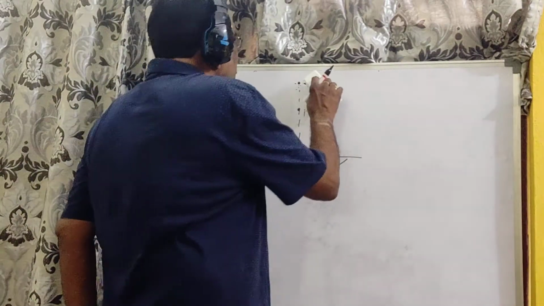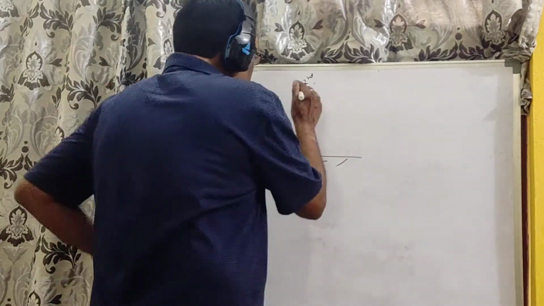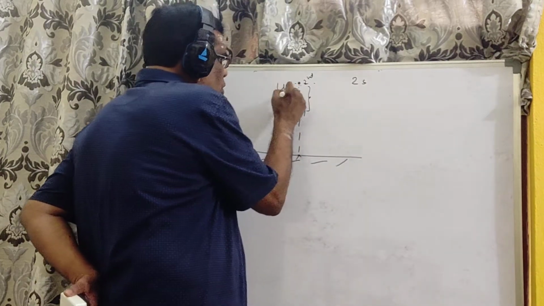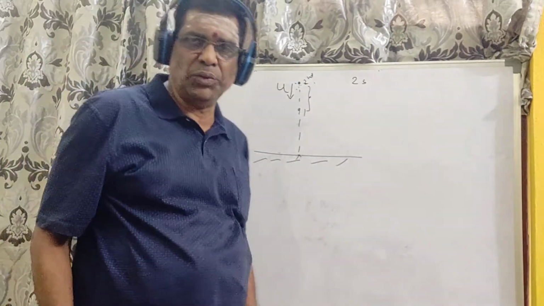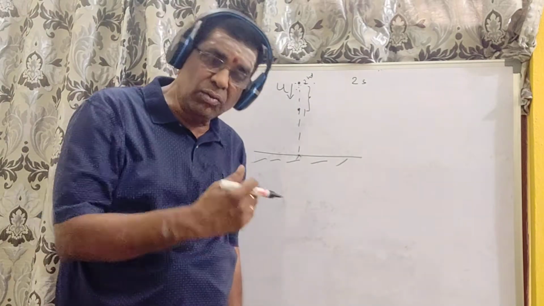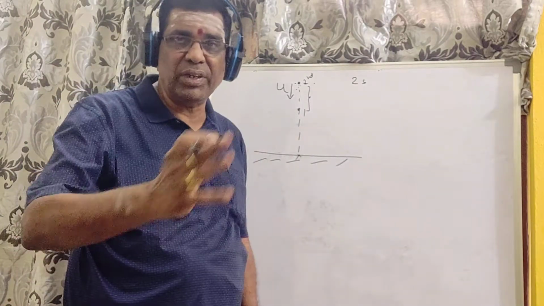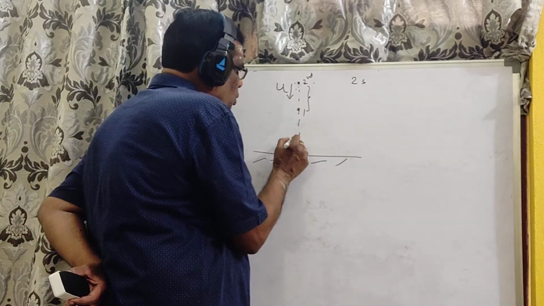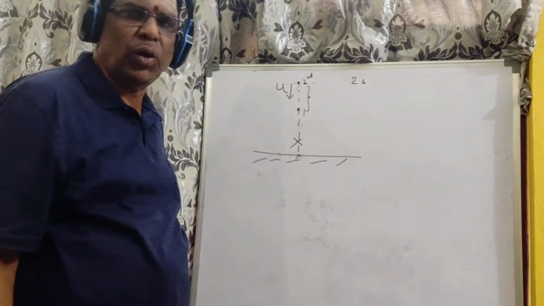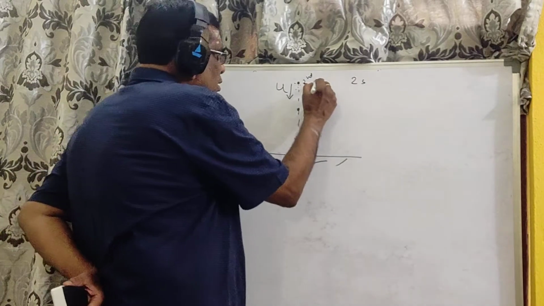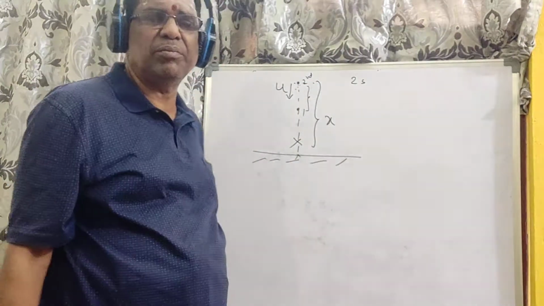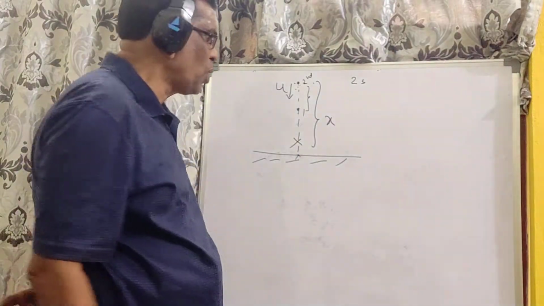This is one model. The other model is: the first body is dropped, and after 2 seconds, the second body is thrown down with a velocity u. Now, many questions they'll ask: when and where do they meet? Suppose I am taking a point at a distance x from this height, where I presume that they meet.